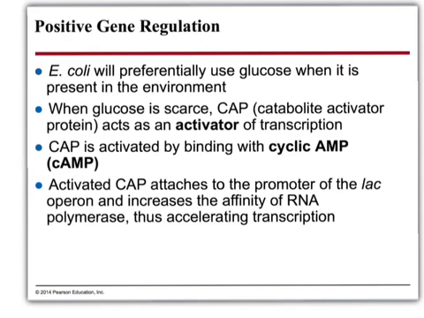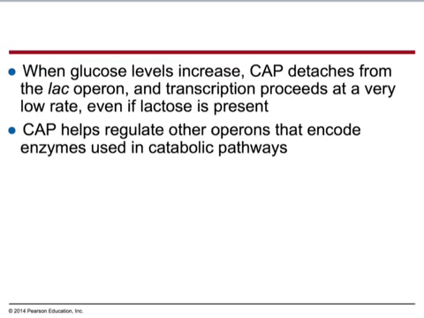You have negative gene regulation, where the repressor protein has to be inactivated, and you have positive gene regulation on the other side, where there's an enhancement of activation of the CAP protein and enhancement of RNA polymerase binding to DNA. Both of those things are ongoing. It's not just one or the other.